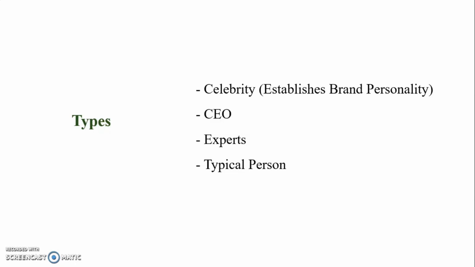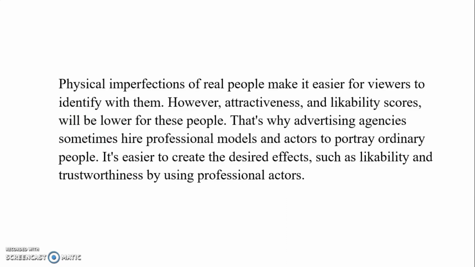Typical persons are the commoners, like a farmer coming and talking about an agricultural based advertisement and so on. So basically, we should understand that physical imperfections of real people make it easier for the viewers to identify with them.